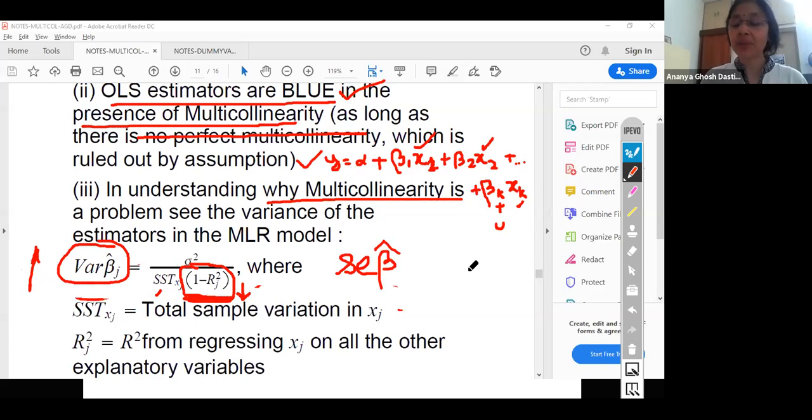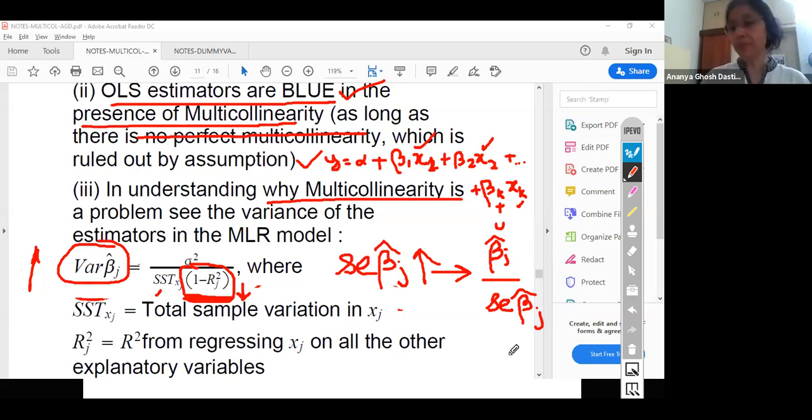Now, if the standard error of beta hat j is very, very high, what will that affect? It will affect your t statistics. Remember, yesterday we said that the t statistic is nothing but beta hat j upon the standard error of beta hat j. So now begin to appreciate why multicollinearity is a problem.